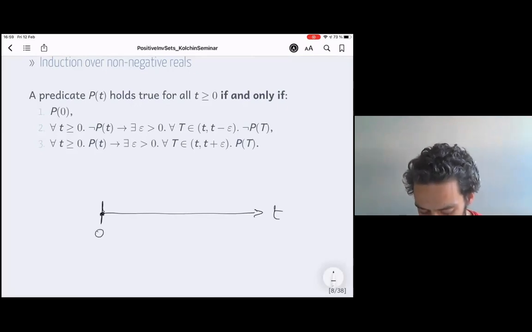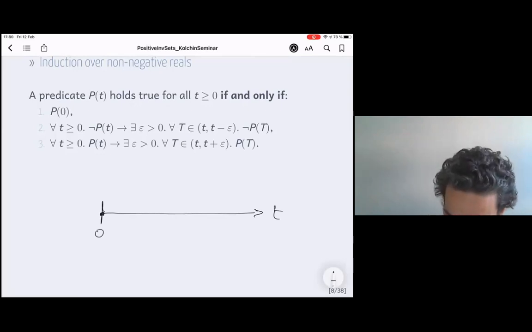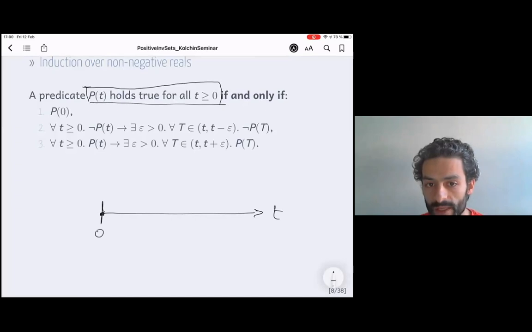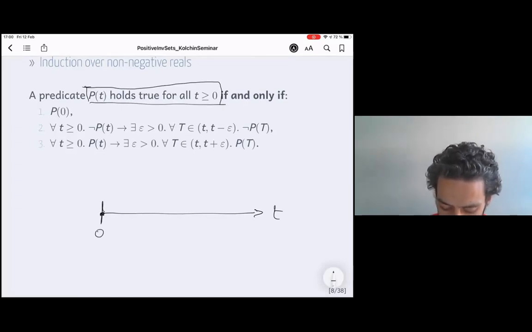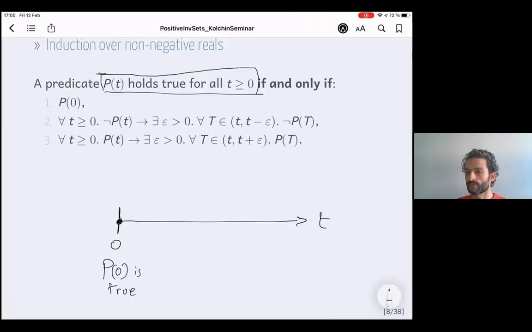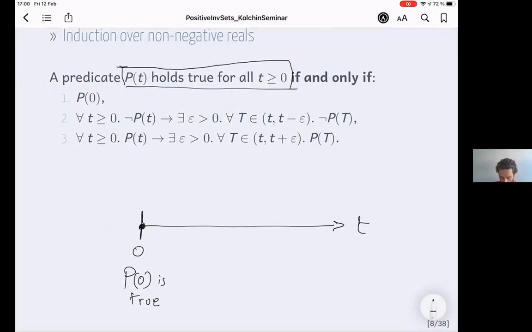And I have here three conditions that, if they are satisfied, I can right away say that the predicate P of t holds true for all t greater than or equal to 0. We're going to go through them one by one. The first one says that P of 0 holds true. So here at 0, P of 0 is true. You start somewhere at 0 and it's true. So this one is easy and it's checked.